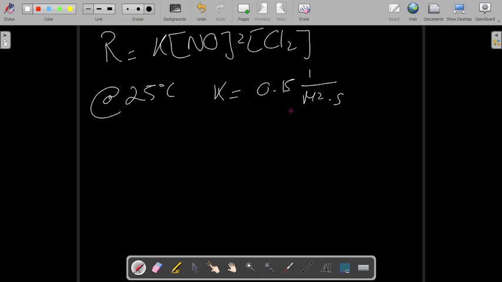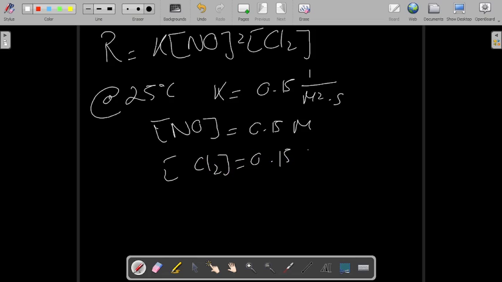What will the instantaneous rate of the reaction be at 25 degrees if the concentration for NO equals 0.15 molarity, and also the concentration of the second one, Cl2, also is 0.15 molarity.